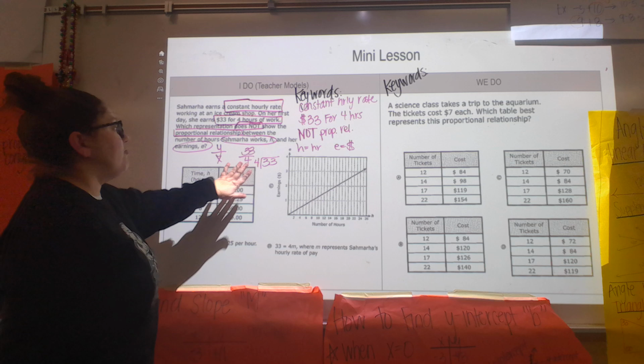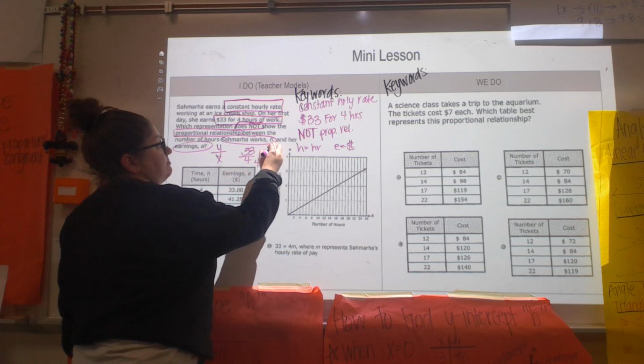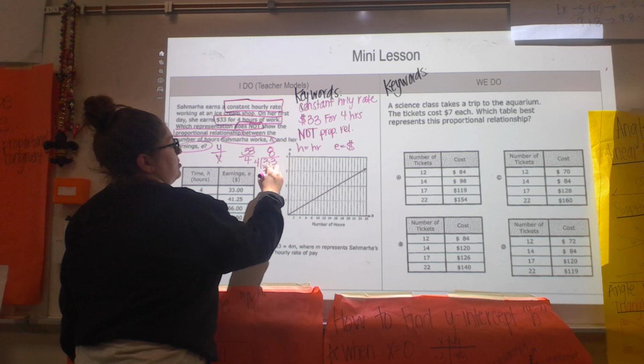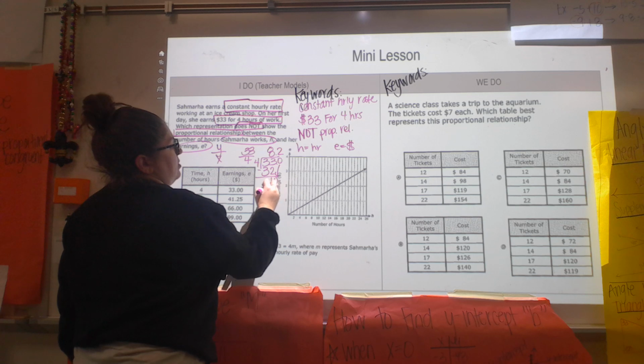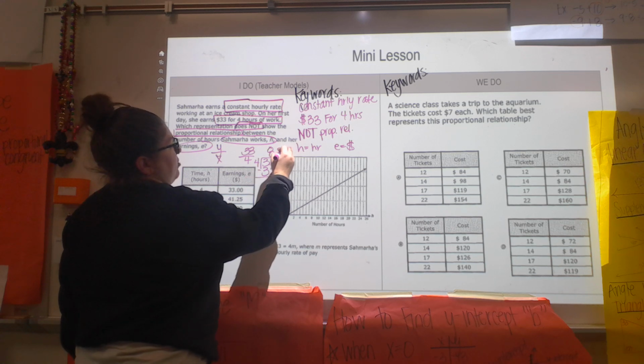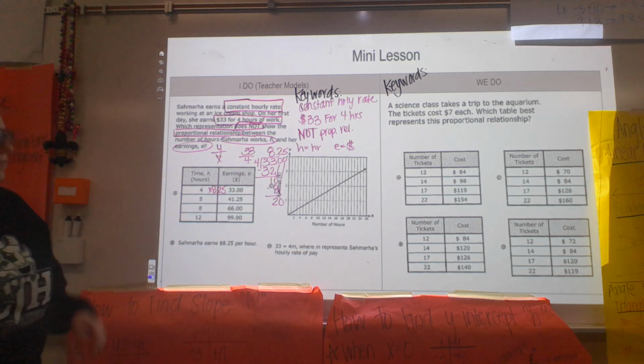How many times can 4 go into 33? We know that can happen 8 times. 1, add a decimal and a 0. 4 goes into 10 twice. Subtract, that's 2. Bring down a 0. 4 goes into 20 five times. So we know that my pattern is times $8.25.